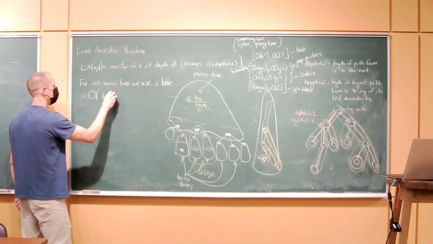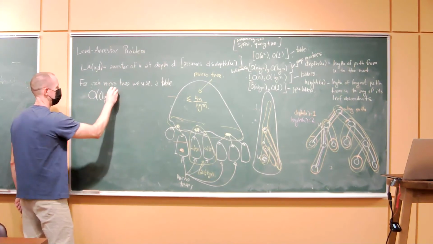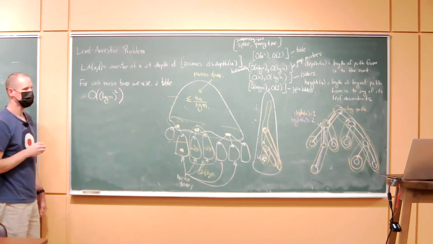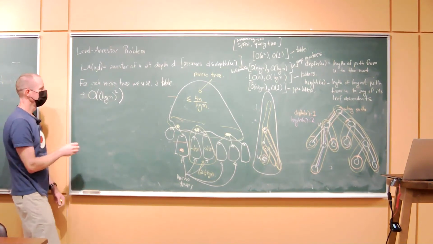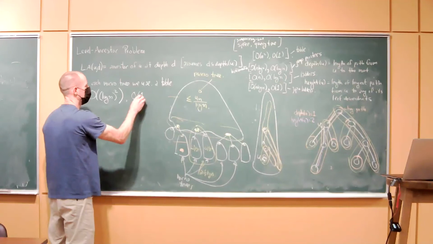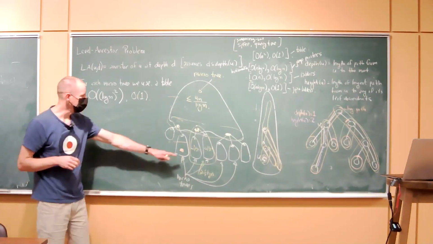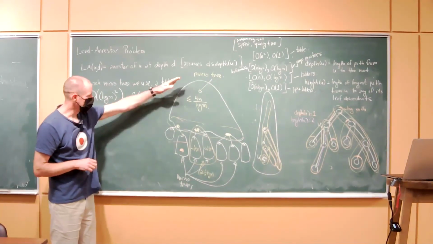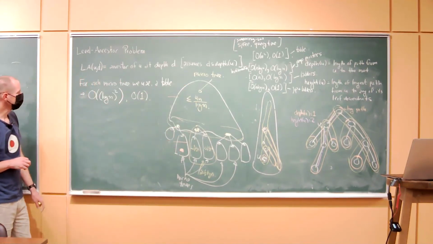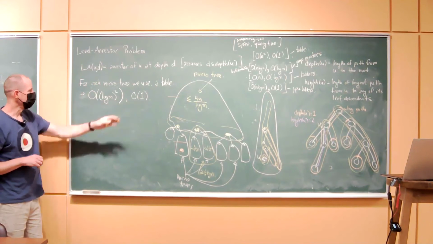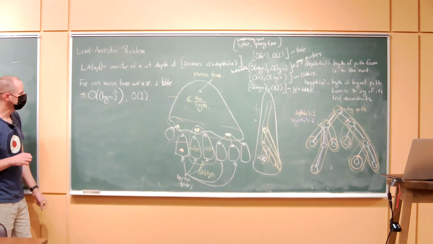So the size of the table that it needs is O of log n squared. And it answers queries in constant time, which is what we need. So the queries up here we can answer in constant time. It's these ones that we still have to deal with. So for each micro tree, we use one of those tables.